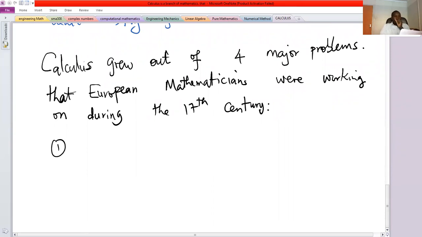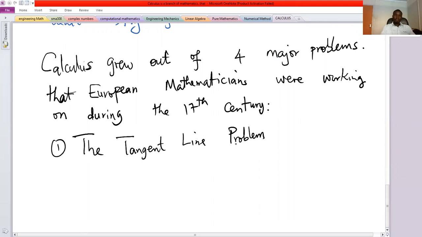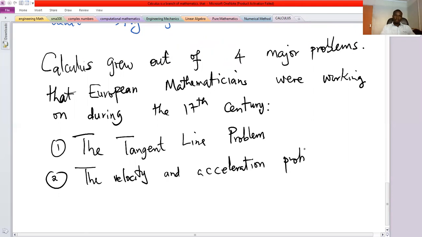One, the tangent line problem. Number two, the velocity and acceleration problems. Number three, the minimum and maximum problems.